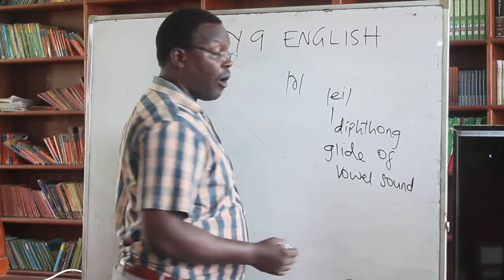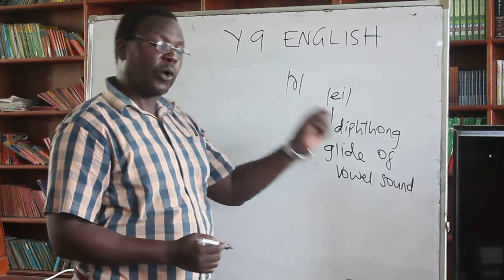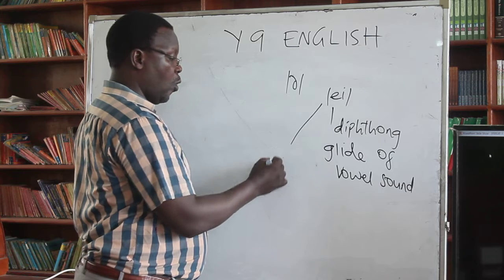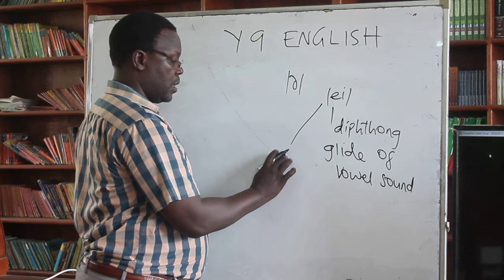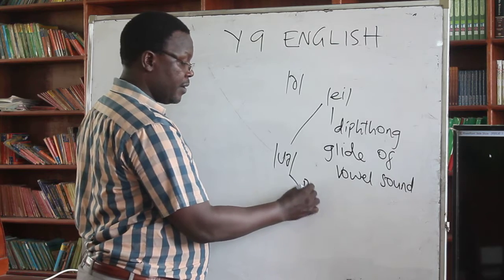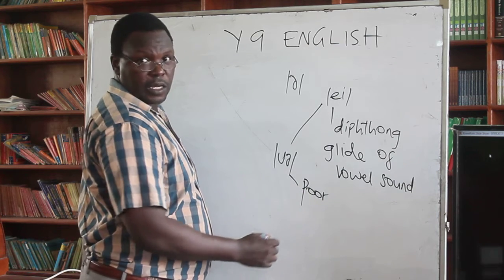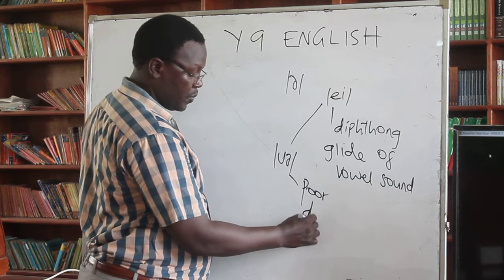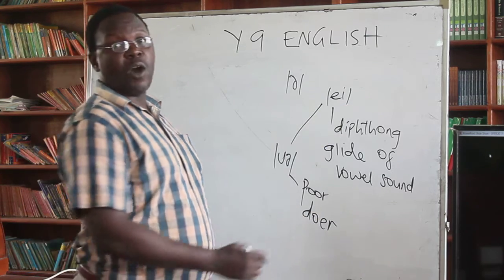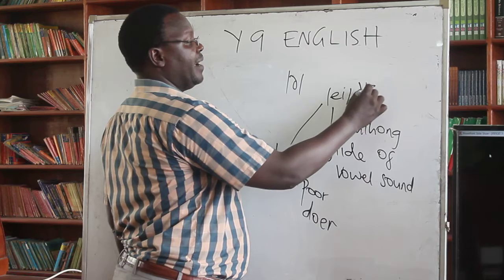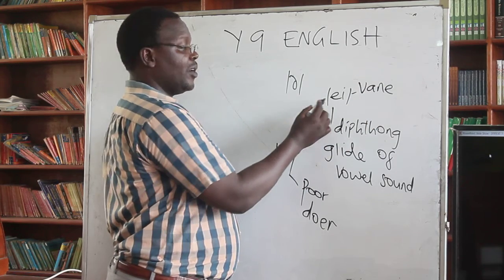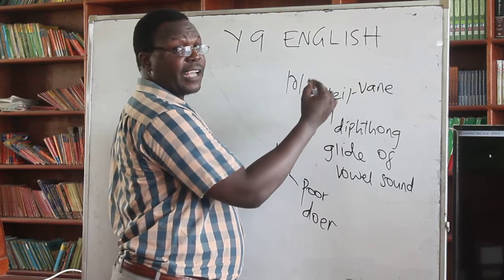We have many here, like ua, for words like poor, and A for words like vein. This one is pronounced as vein, so we have that glide of sound.